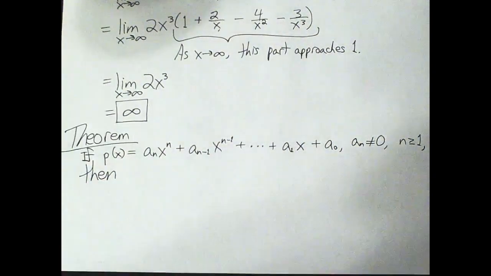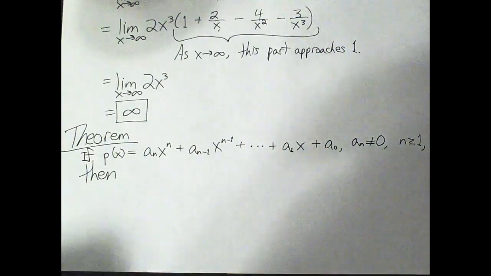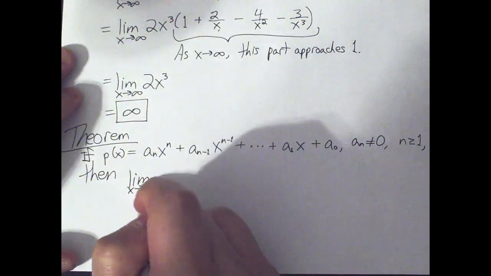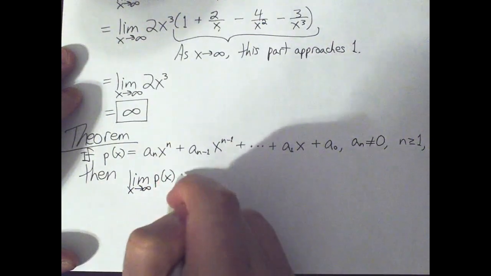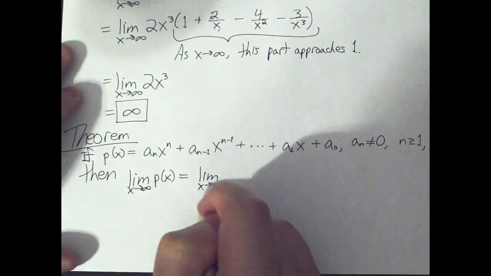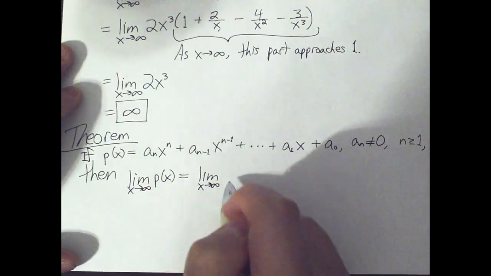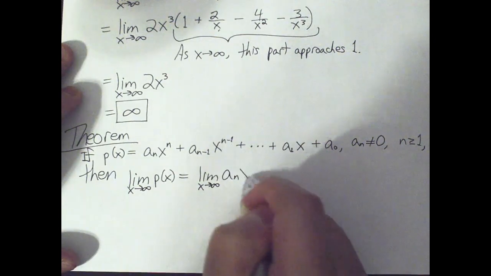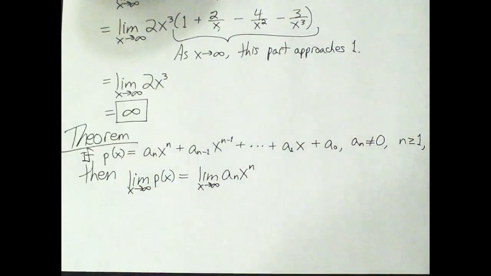Then, if p is a polynomial, the limit as x goes to infinity of p of x winds up equaling the limit as x goes to infinity of just the first term. The rest of the terms wind up being insignificant. They don't affect the outcome.